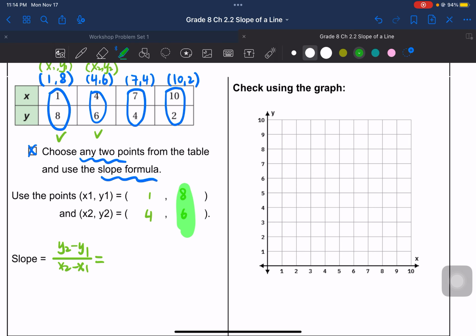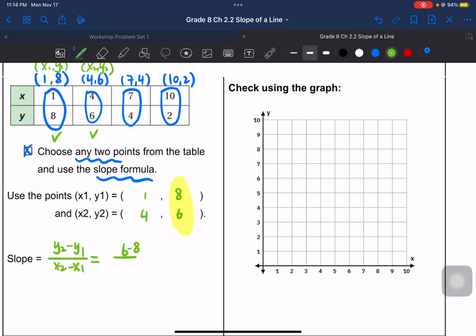So we should have 6 minus 8 over 4 minus 1. So 6 minus 8 is negative 2. 4 minus 1 is 3. So this is our slope, negative 2 over 3.